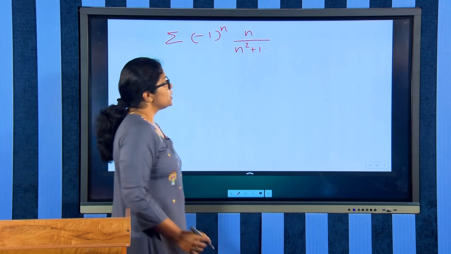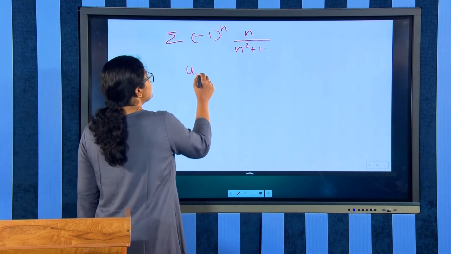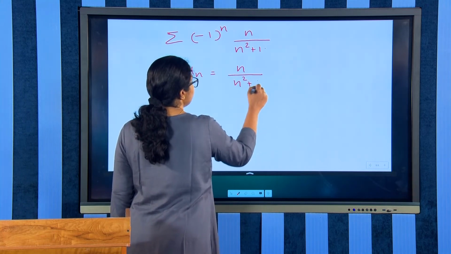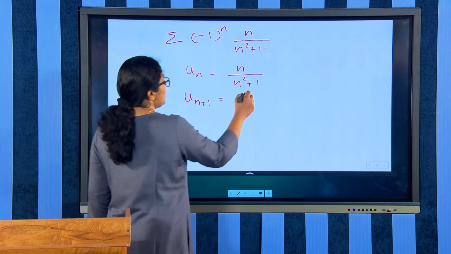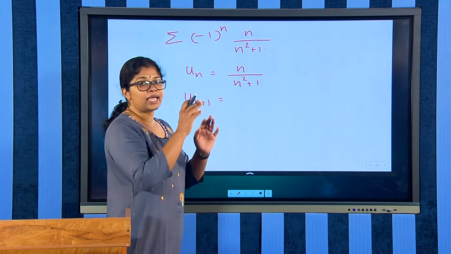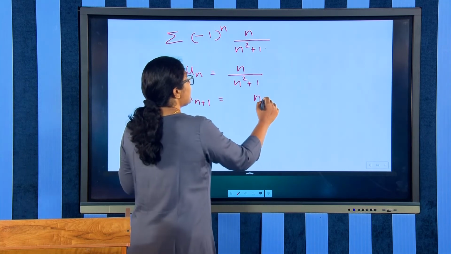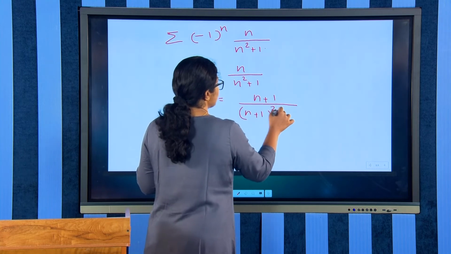Okay. So what is un in this case? un is nothing but n upon n square plus 1. un plus 1 will be replacing n. Wherever there is n, we are going to replace it with n plus 1. So there is n plus 1 upon n plus 1 the whole square plus 1.